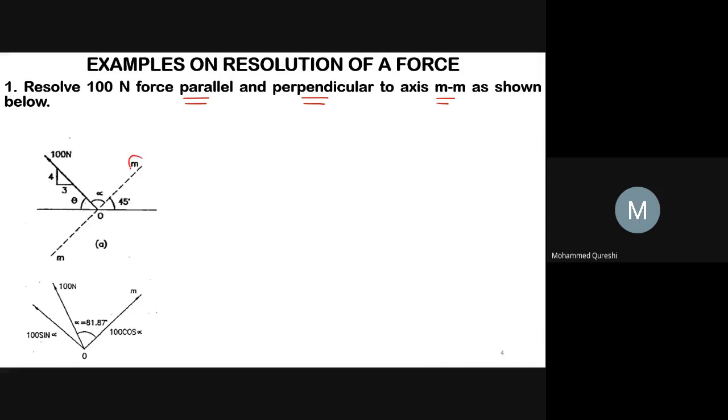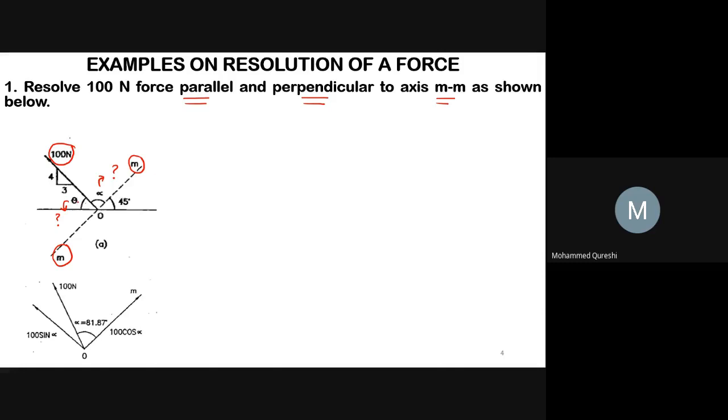So, here is our axis MM and the 100 Newton force that we have to resolve. Here the value of alpha is unknown, and the value of theta is also unknown.